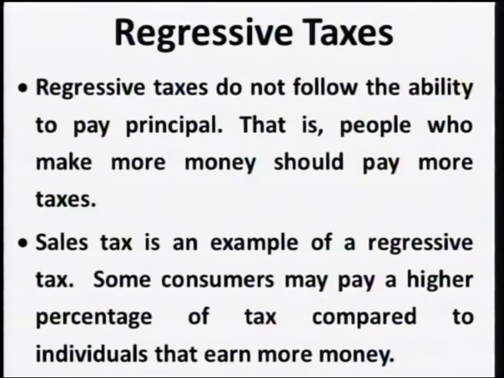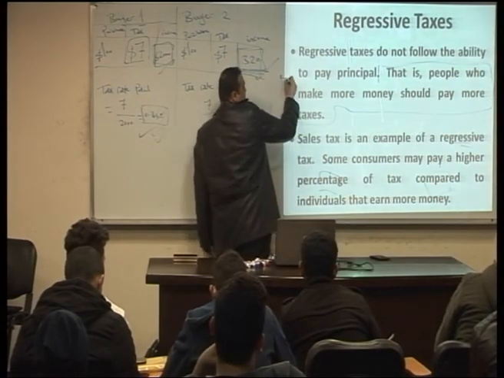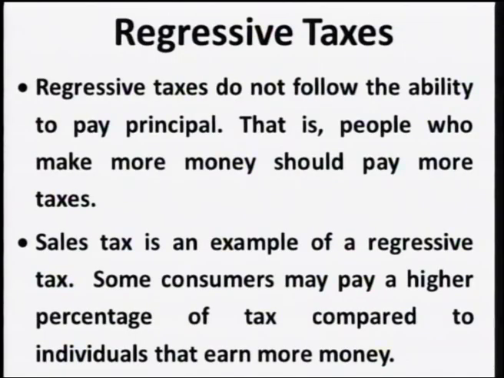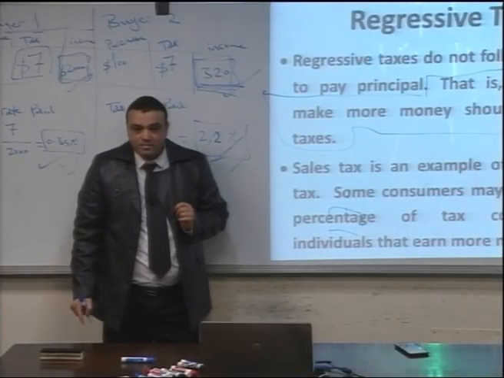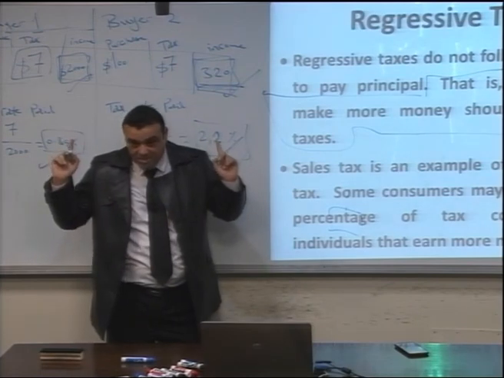That is, people who make more money should pay more taxes. This is the ability to pay theory. The ability to pay principle says that people who make more money should pay more taxes. And this doesn't fit with regressive taxes.